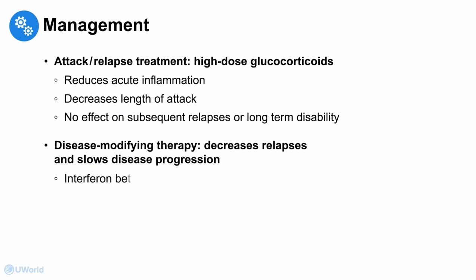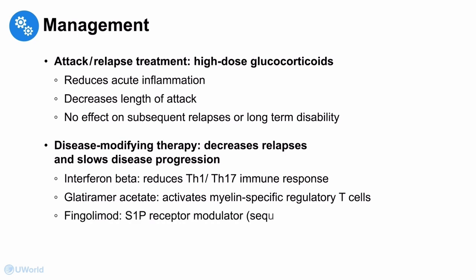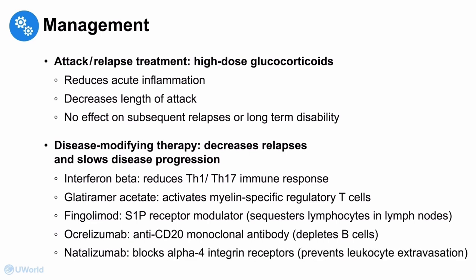Example agents include interferon beta, which acts via multiple mechanisms to reduce the Th1-Th17 immune response, glatiramer acetate, which activates myelin-specific regulatory T cells to suppress the immune response, fingolimod, a sphingosine-1 phosphate receptor modulator that prevents lymphocytes from exiting lymph nodes, ocrelizumab, an anti-CD20 monoclonal antibody that depletes B cells, and natalizumab, a monoclonal antibody that binds to alpha-4 integrin receptors on endothelial cells, preventing leukocyte extravasation into tissues.